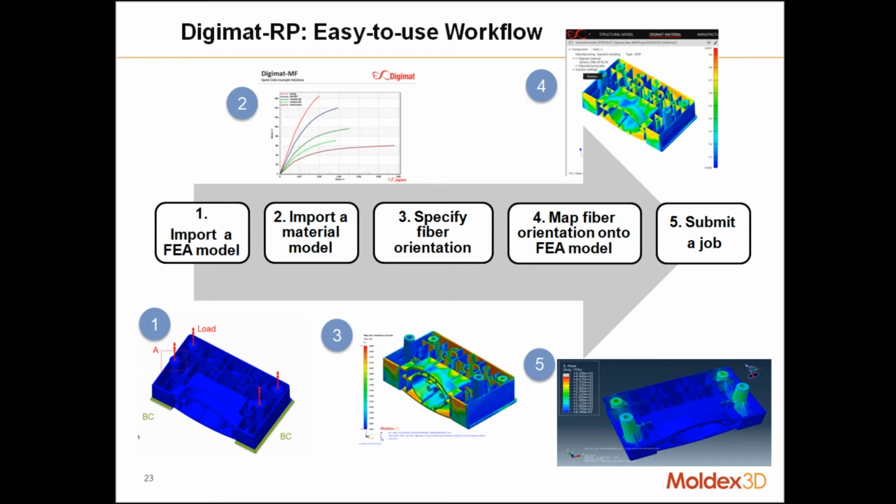Thirdly, you can specify fiber orientation, which will be read from what we output from the VI interface, like what we showed in a few slides before. And the fourth step, Digimat can also do the mapping of the fiber orientation from the Moldex3D mesh to the VI model. Finally, you just submit a job and you can check the result in your VI software. So I think the workflow is quite simple and easy to use.